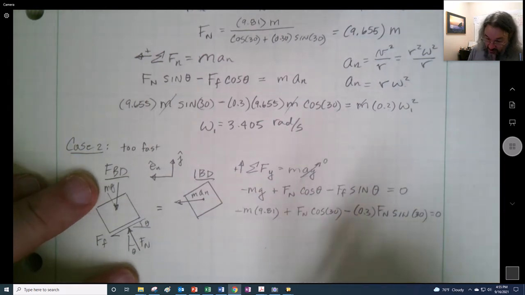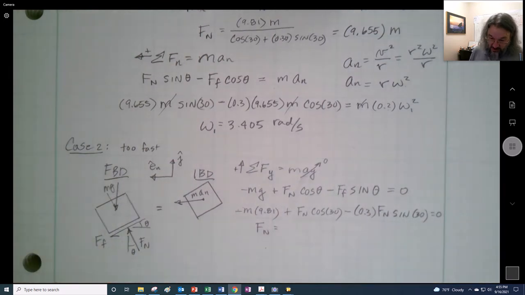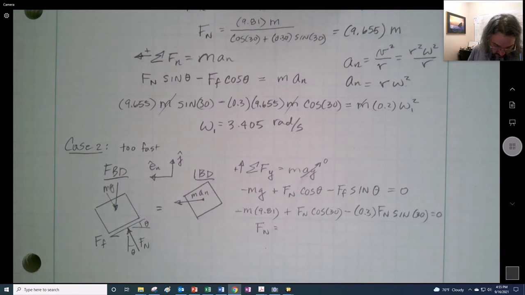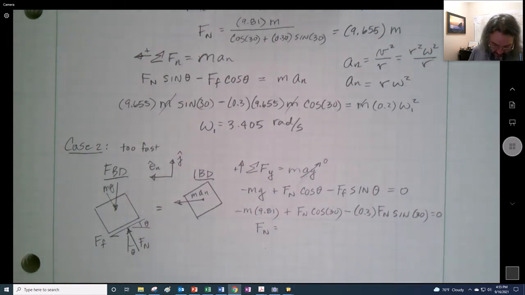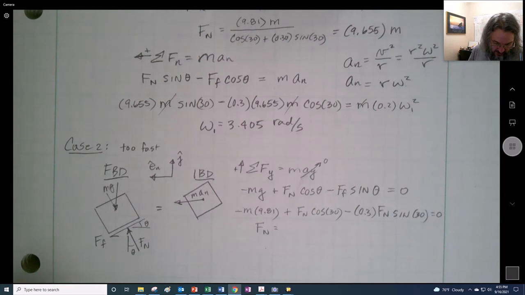So I can find Fn: we take 9.81 and divide it by the cosine of 30 minus the sine of 30 multiplied by 0.3. This time we subtract it, which we didn't before.